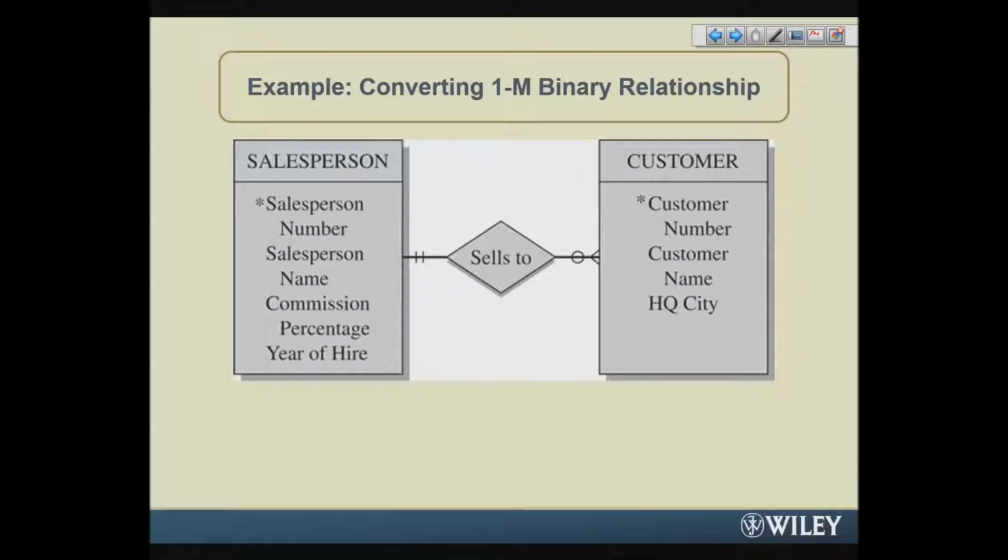So what do you think will be the foreign key here? Who can tell me what foreign key we will put here? Salesperson number. Perfect. When we take the primary key of one table and put it in a different table, that's what we call a foreign key. That's exactly correct.